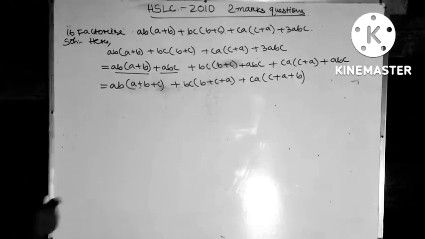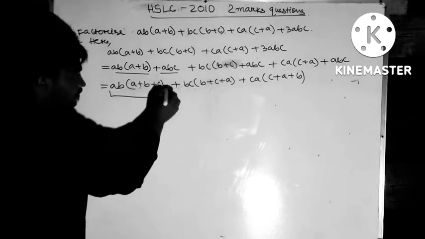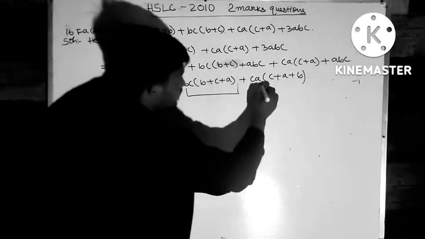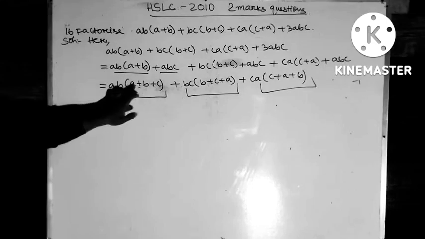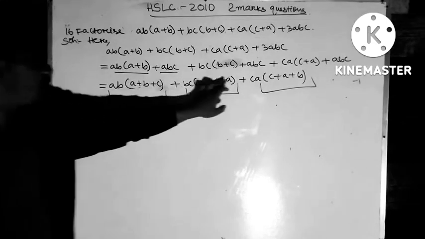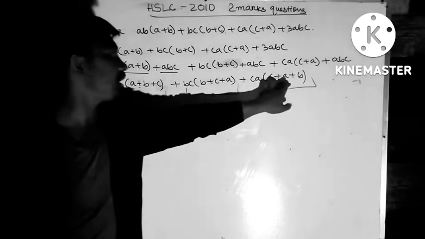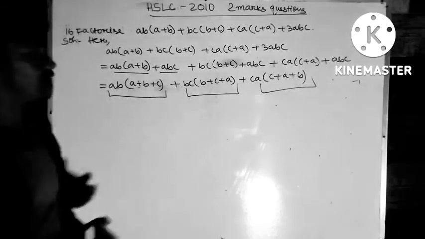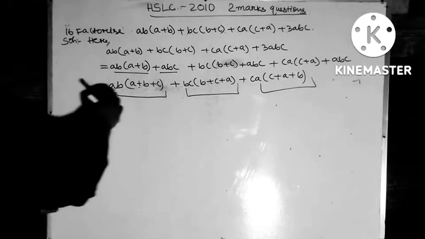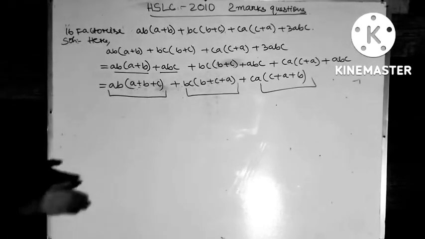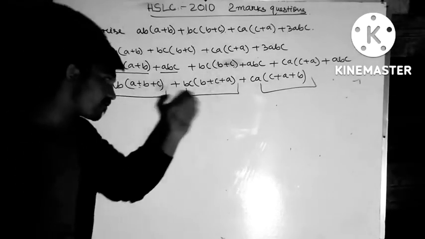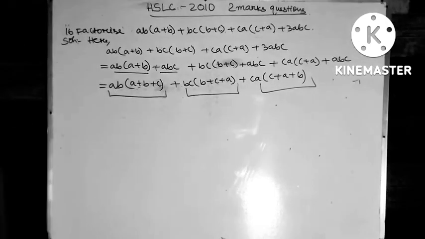Now look everywhere. This is one term, this is the second term, and this is the third term. Look in the 3 terms: A plus B plus C, A plus B plus C, A plus B plus C. Even though the positions of A, B and C are in different places, we can see that they all have A plus B plus C in common.